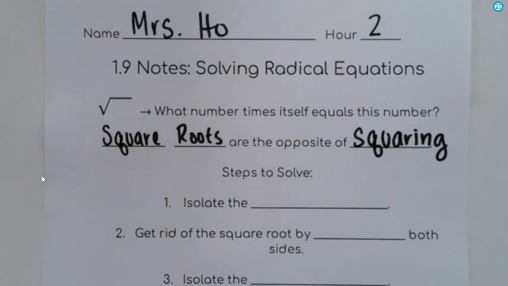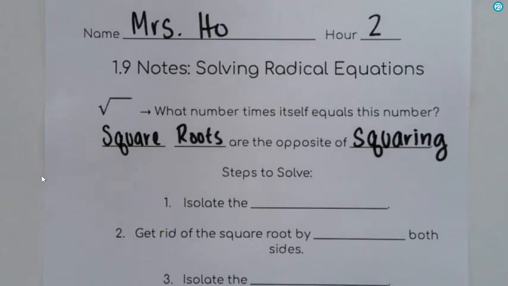So, we're still trying to solve for x. We're still trying to get that variable by itself. But at some point, we're going to have to get rid of a square root. When we have to get rid of that square root, we're going to do it by squaring both sides of our equation. So, our steps to solving a radical equation.